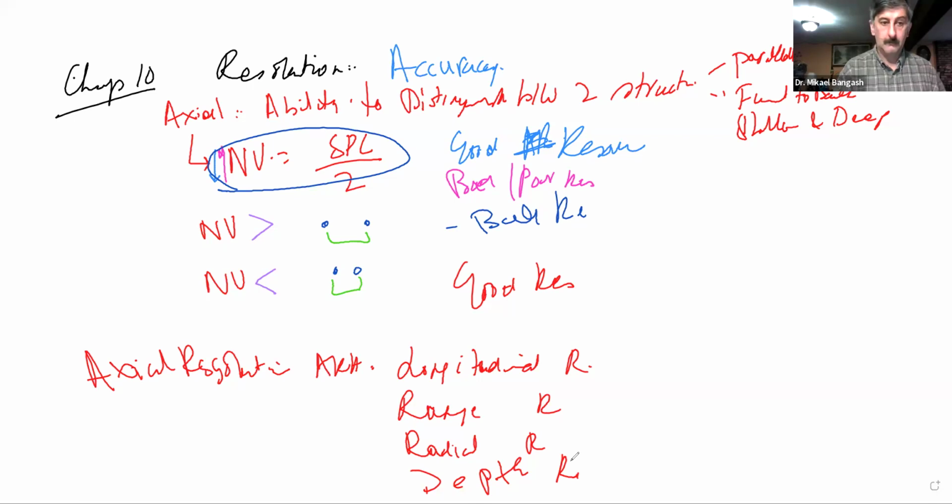And the unit of your numerical value is a unit of distance, just like the unit by which we measure the distance between two structures.